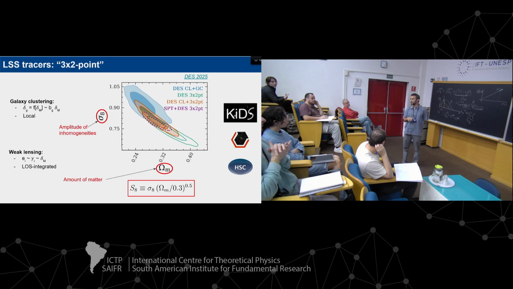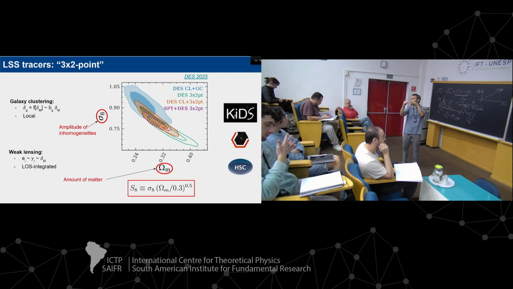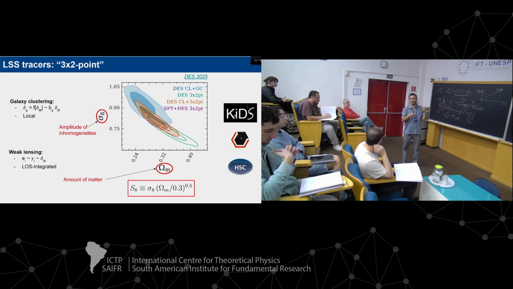You can guess that there should be a combination of sigma 8 and omega m because if you don't have very good redshifts, you don't really know the distance to your galaxies very well. So recovering information from the shape is going to be degenerate with omega m to some extent. So you could guess that it's some combination of these two. But whether this is 0.5 or 0.3 or 0.4, it usually depends on the specific setup that you have of galaxies, et cetera.